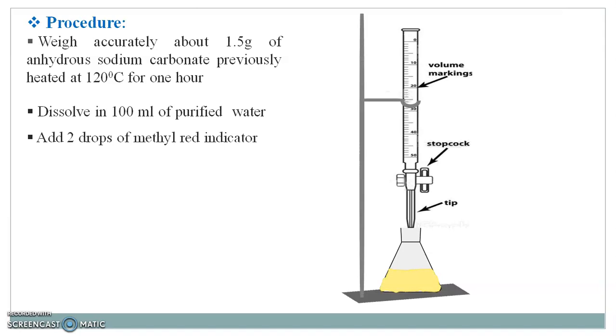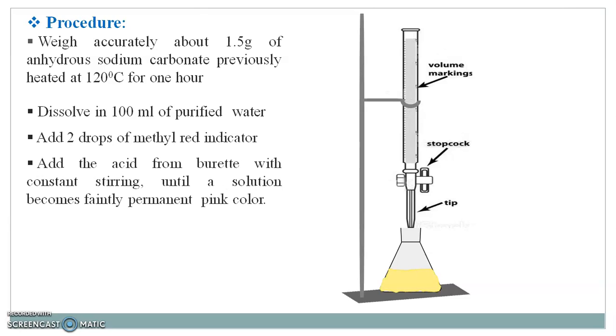Then set up the apparatus: attach a burette to the burette stand and fill it with the prepared 0.5 molar sulfuric acid. Now add the acid from the burette with constant stirring until the solution becomes a faintly permanent pink color.